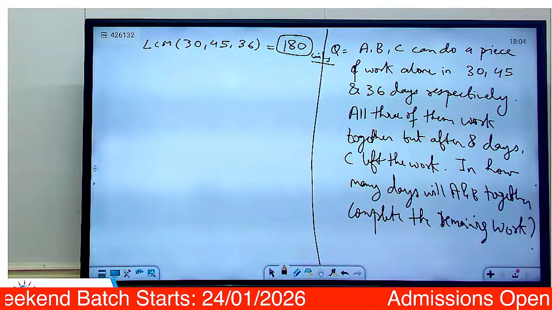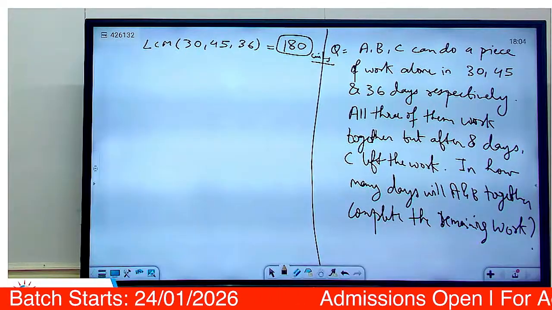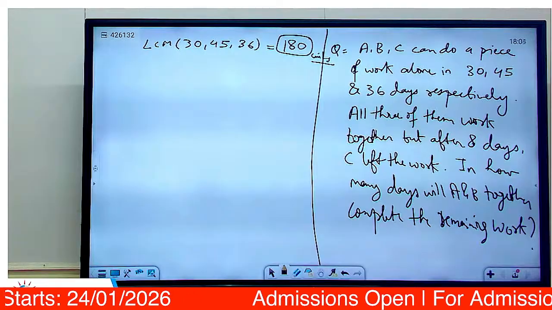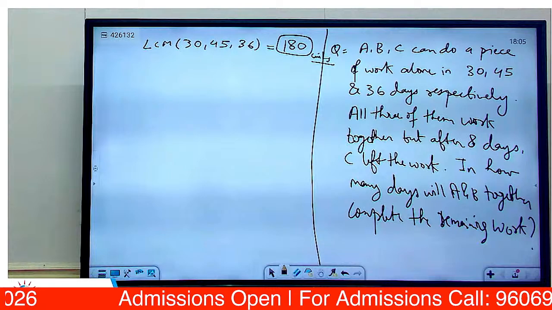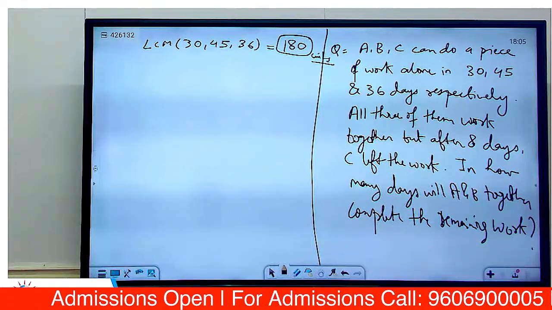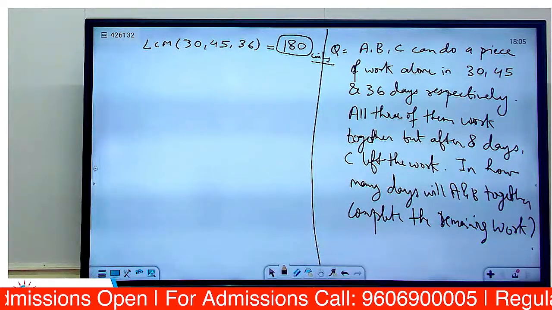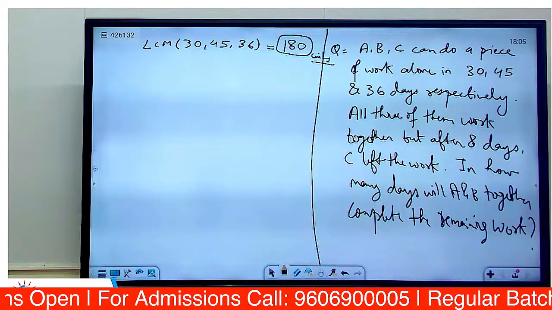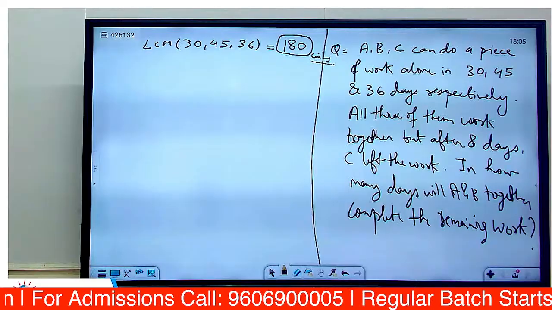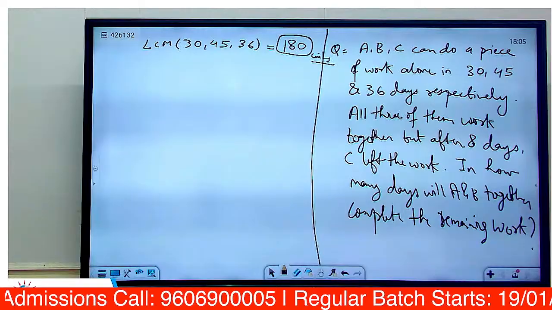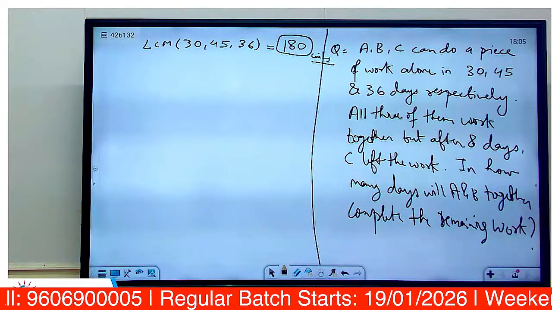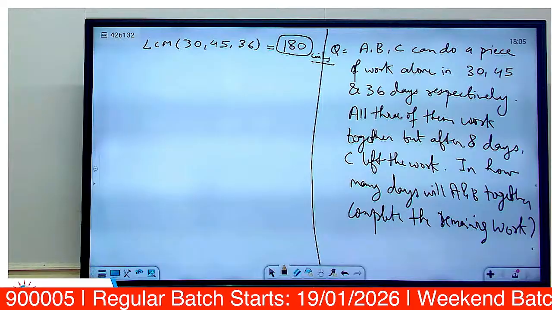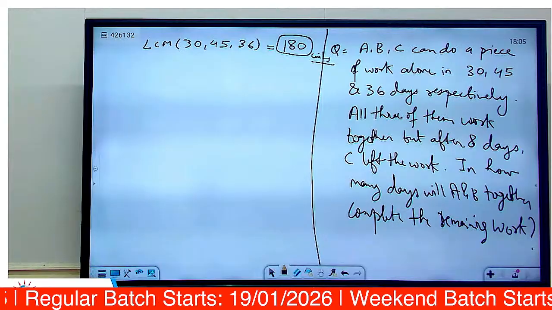Efficiencies. 45, not 40. Efficiencies. A, B, C efficiencies first.